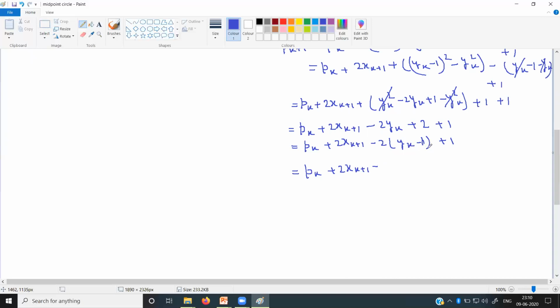I am subtracting 1 from the y value of kth iteration. So in this way, I can compute the decision parameter for k plus 1th iteration.